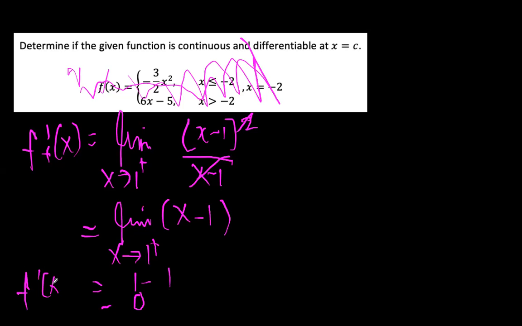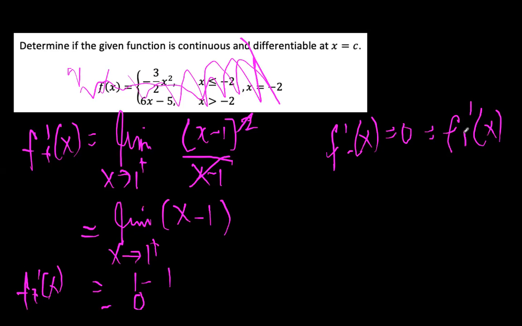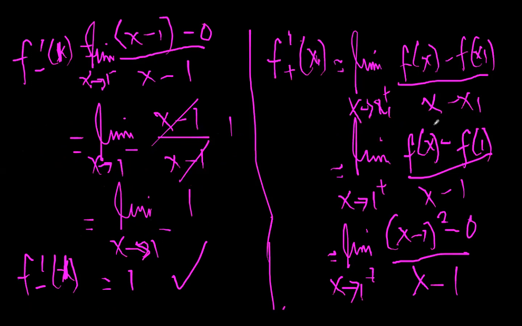So f prime of x from the right is equal to 0. So we've found, guys, that f prime of x from the left is equal to 0, and 0 is also the value of f prime of x from the right. So they exist and they're both 0, so they're equal.